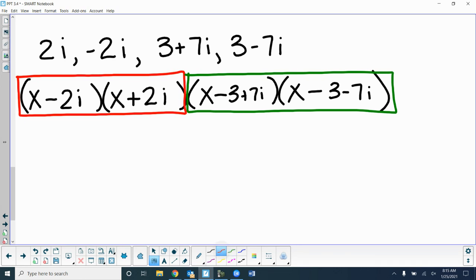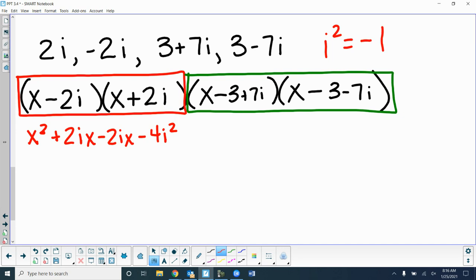All right? So I got x times x, x times 2i. I always go ix because that's alphabetical order. But if you want to write xi, that's fine. Just make sure you write the other one xi. Negative 2i times x. And negative 2i times a positive 2i is negative 4i squared. Remember, what's i squared equal?